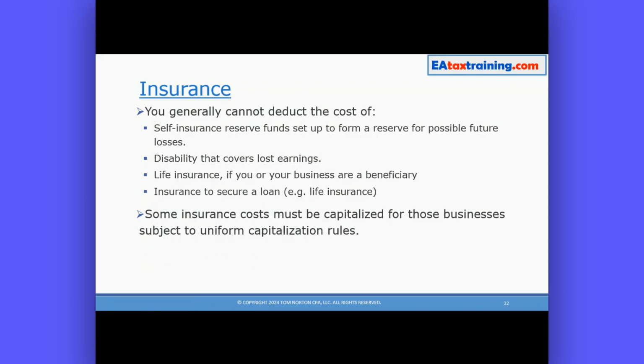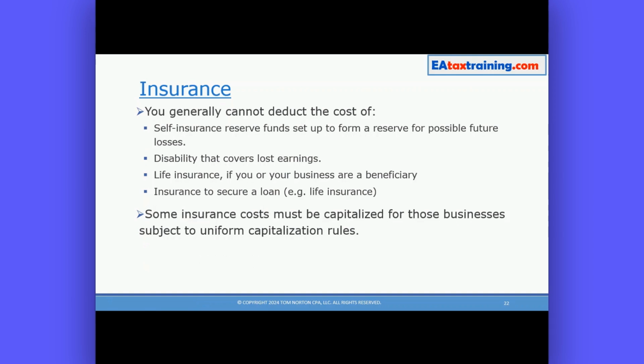And then if we have a loss, we can use that money to pay for that loss. That might be a good business practice, but you cannot deduct those amounts that you set aside into that special bank account. Now, when you actually have a loss, then that loss may be deductible, depending on the circumstances. But just setting the money aside is not deductible.